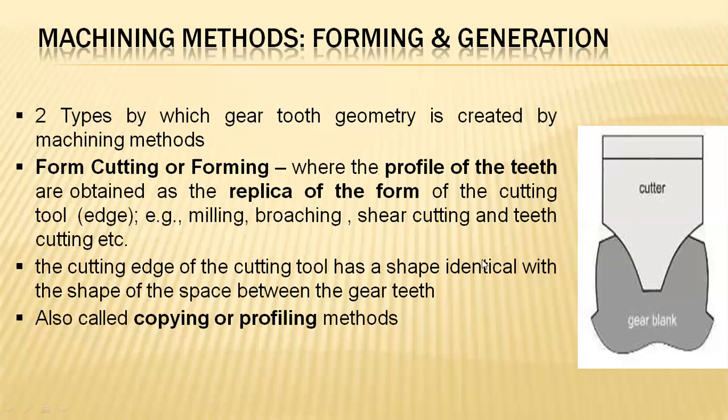This process is monitored in real time over the milling machine or the broaching machine, and even the shear cutting process or the teeth cutting process falls under different names for getting the accurate profile range of the tooth.